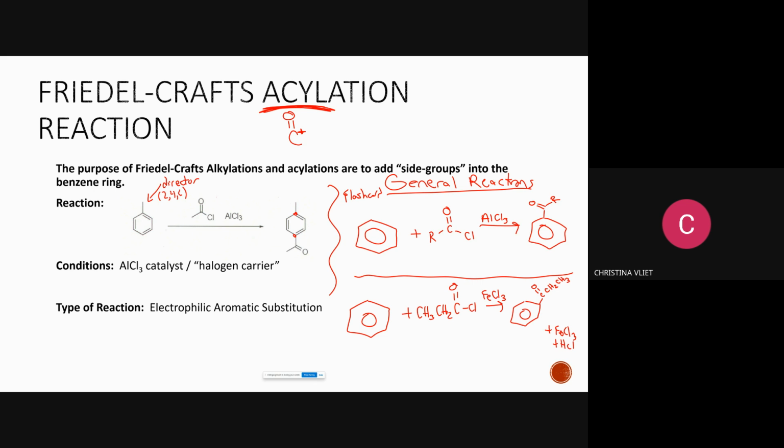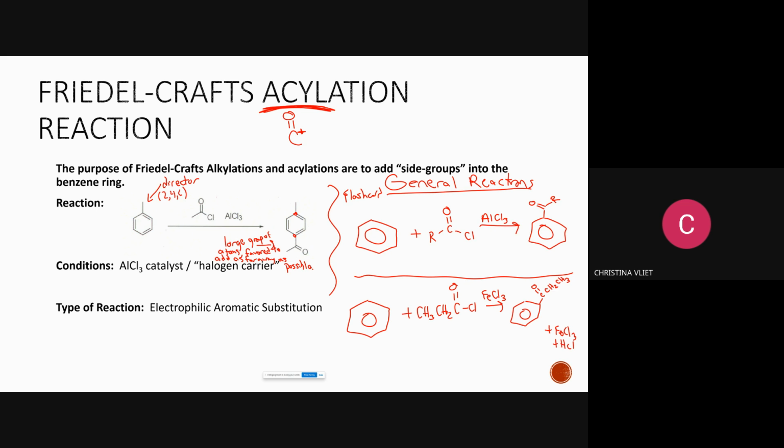The idea is that electrons repel each other, so if groups can get as far apart from each other as possible, they will. And so if I have a large group being added, a large group of atoms will typically be favored to add as far away as possible.